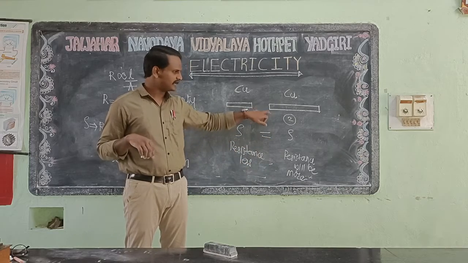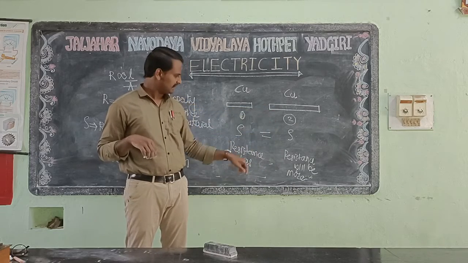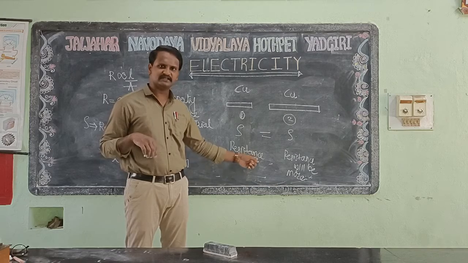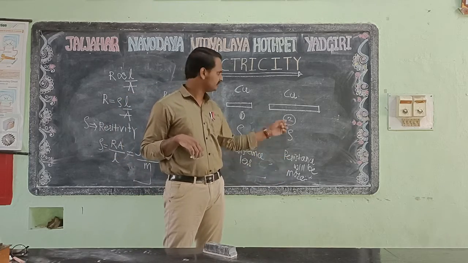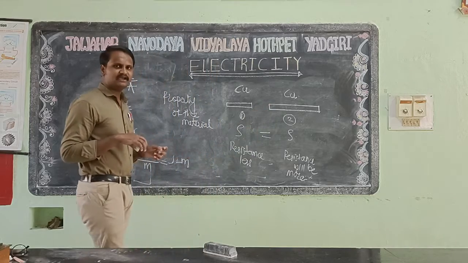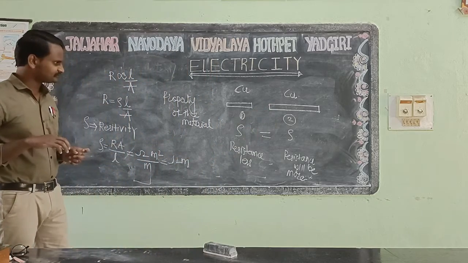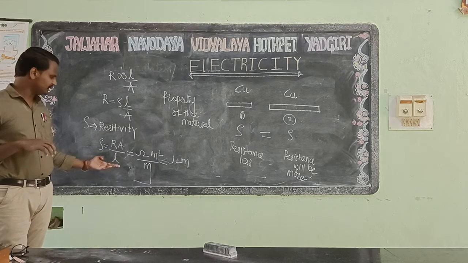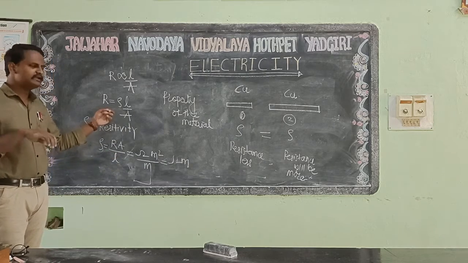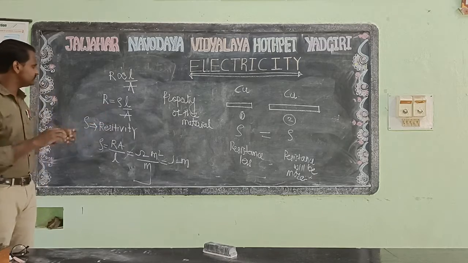But as the length or area of cross section increases or decreases, the resistance also increases or decreases accordingly. That is the difference between resistance and resistivity. Using this formula we can find the resistivity of the material, and also the value of resistance.